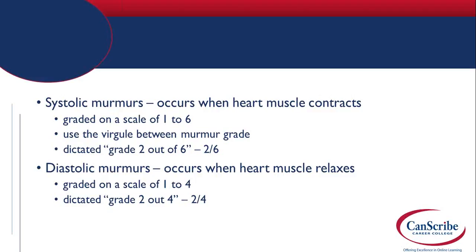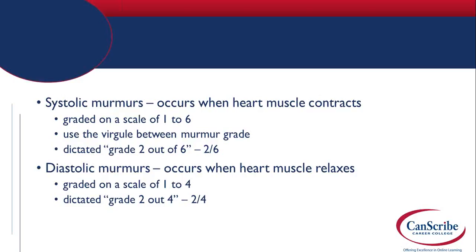So with the murmurs, again, you want to use the virgule between them, or the slash. And if he says, they dictate, so the patient has a grade 2 out of 6, then it's 2/6. If he says they have a grade 2 to 3 out of 6, then you actually want to write it out. 2, let me put that in the chat box since I didn't put it on my slide.